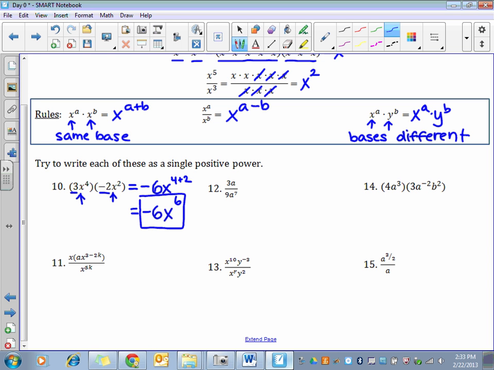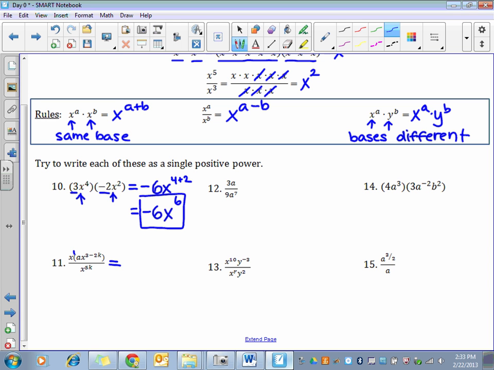Let's continue on to number 11. Notice in the numerator we are all multiplying. We have x times a times x raised to the 3 minus 2k power. x by itself is raised to the exponent of 1, so I could write in an invisible 1 if that helps me to visualize it.